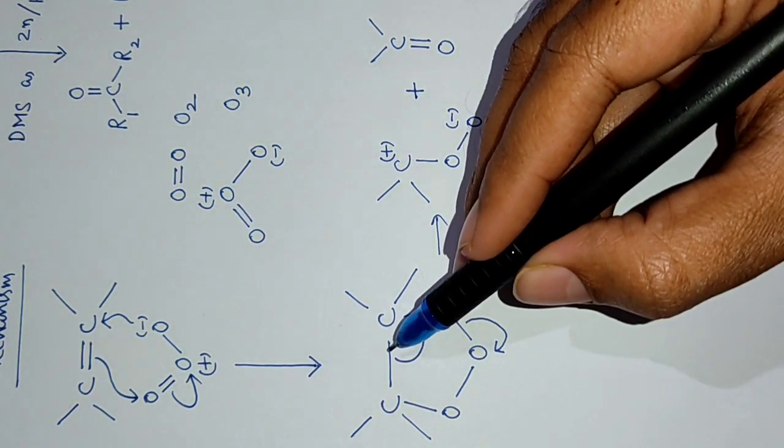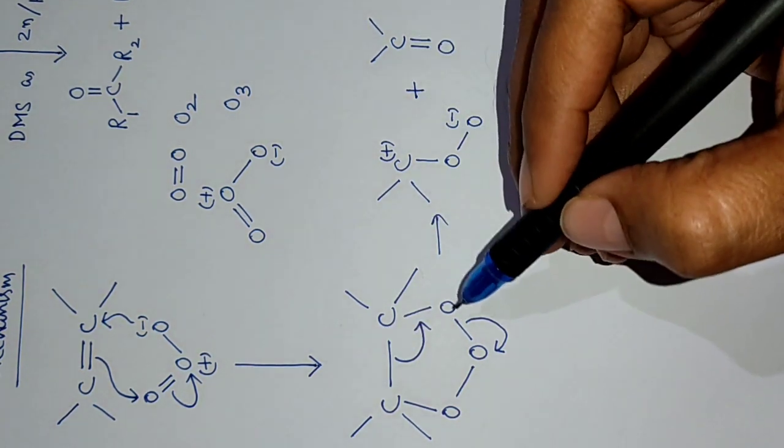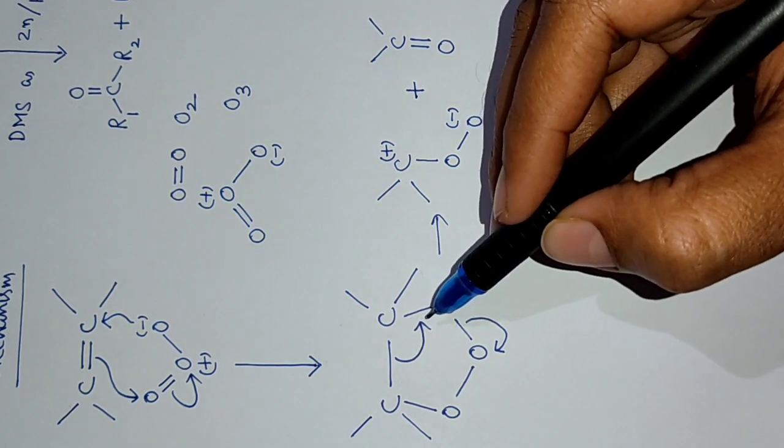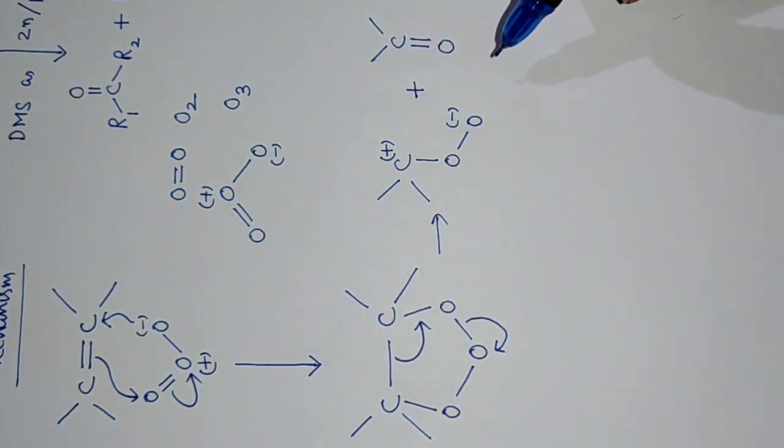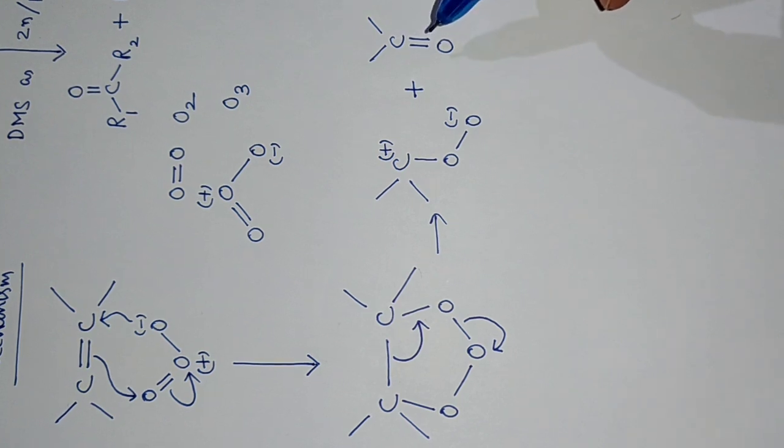So this bond is absent, this bond is absent and we have a pi bond here, so we have the carbonyl compound. Now let us flip this carbonyl.